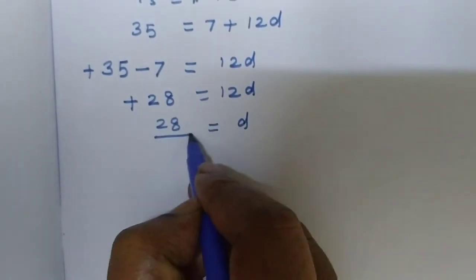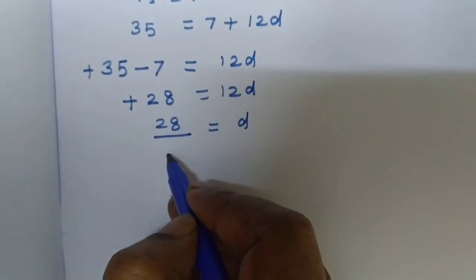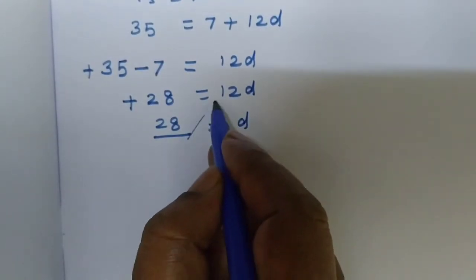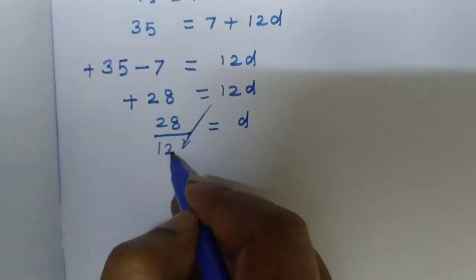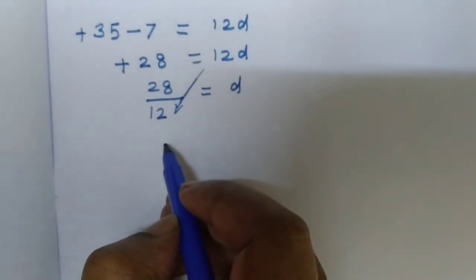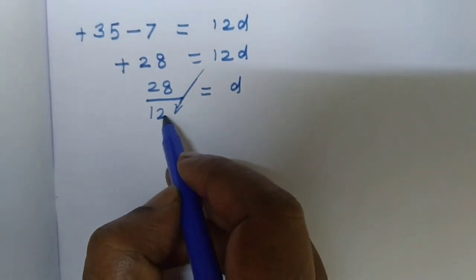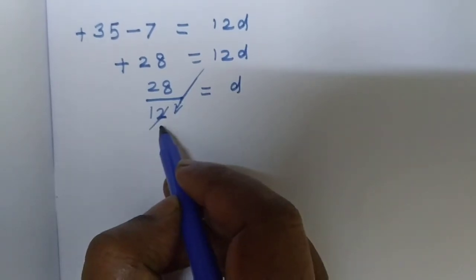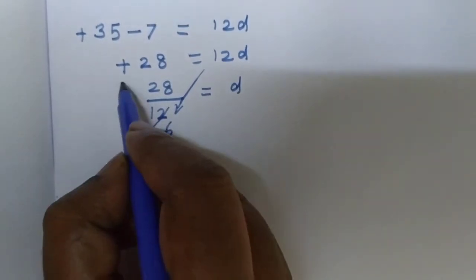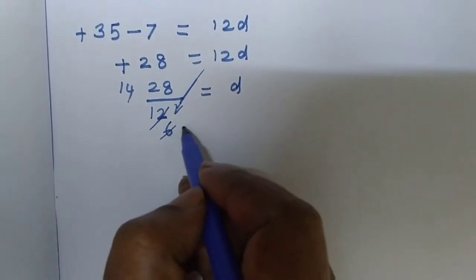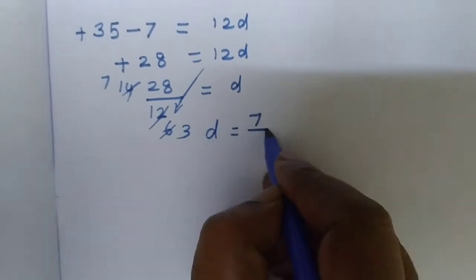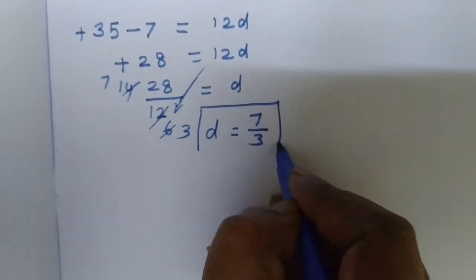Taking the 12 to the other side of the equation, it will go to the denominator. d is 28 by 12, which is 7 by 3.